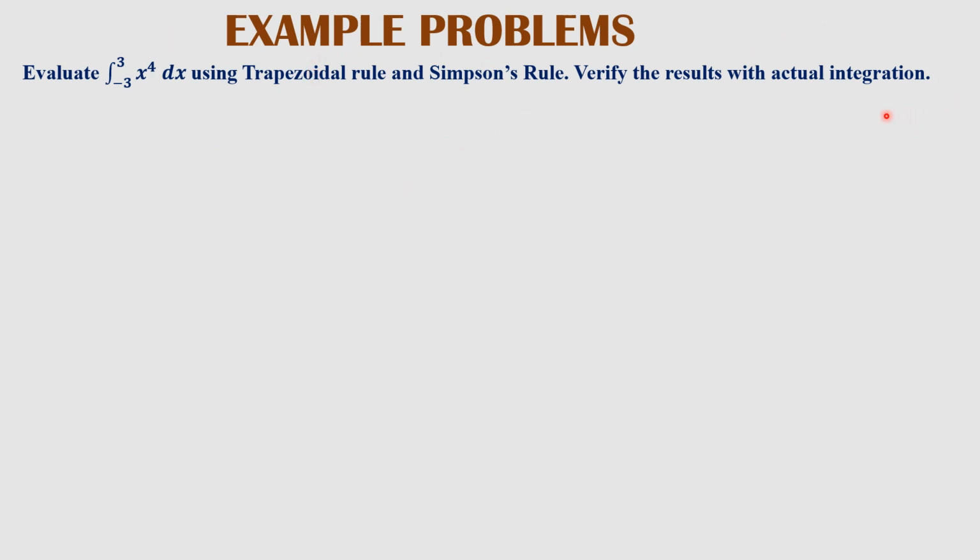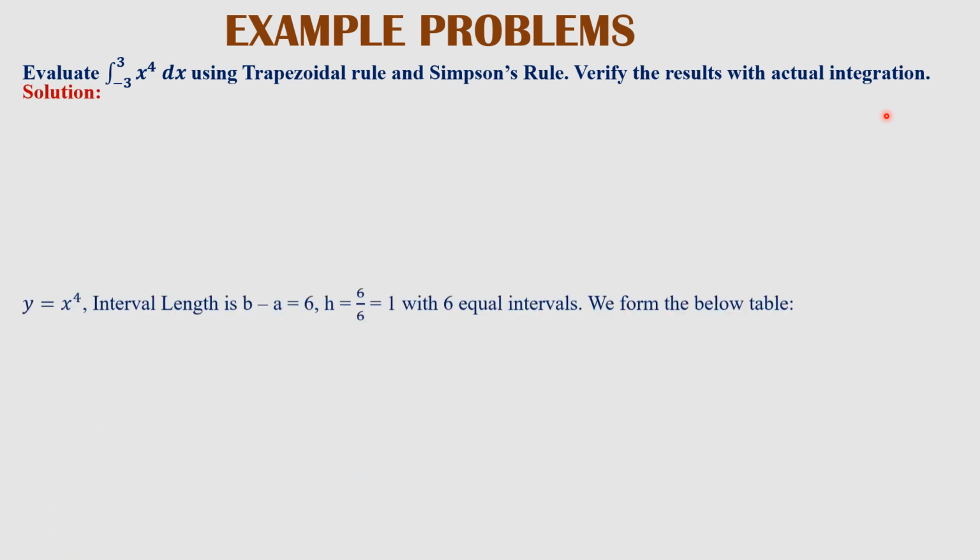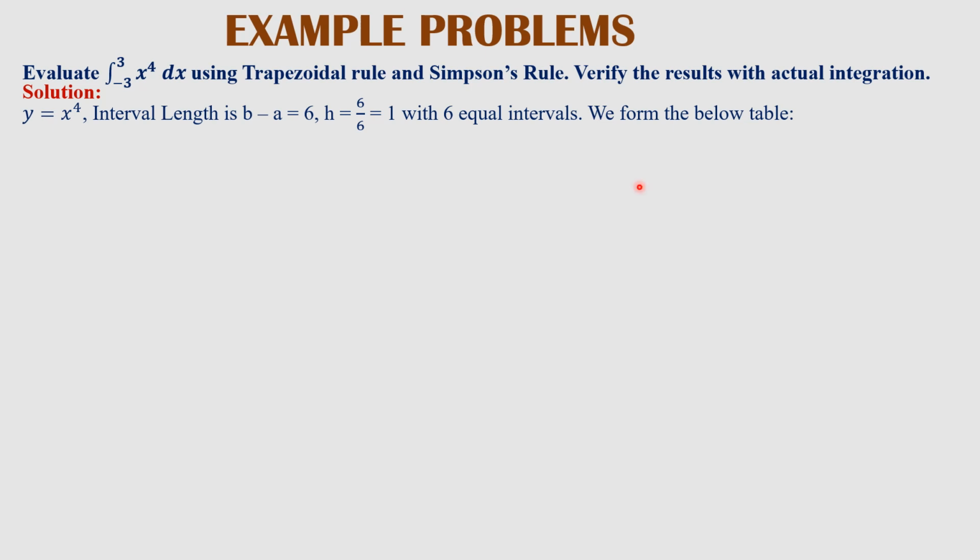Let us see how to perform the integration. So coming to the solution, y equal to x power 4 is the given function. The interval length is b minus a, where b is the upper limit and a is the lower limit. So 3 minus of minus 3 will give you 6. So now I'm going to take h equal to 6 by 6, that is equal to 1, with 6 equal intervals.